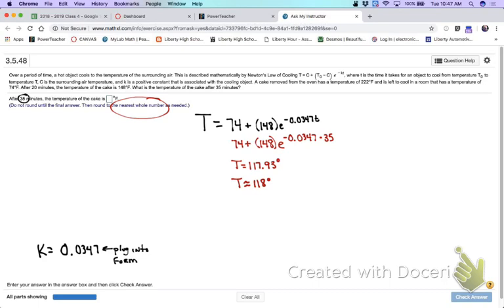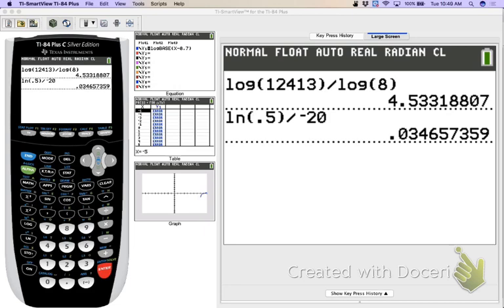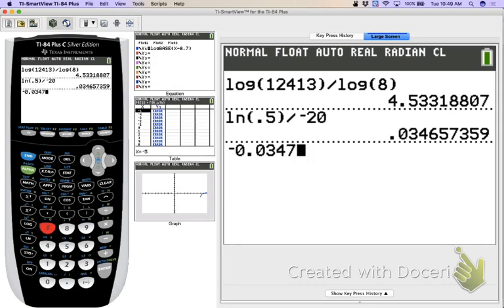Now I'm going to go to my calculator again. I can do the exponent first, and I'm going to show you just to make sure that you know how to input it. If I take my negative 0.0347 and multiply it by 35, I'm going to get this decimal.